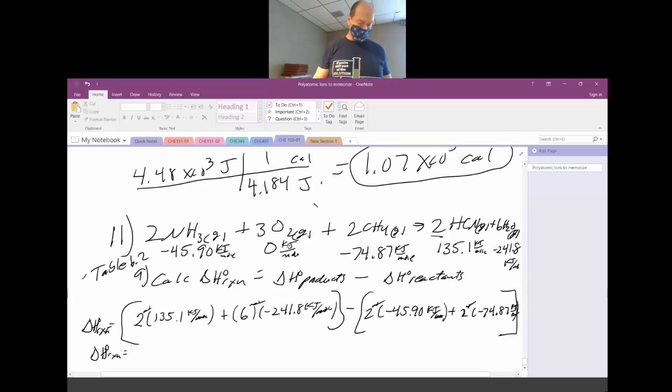And then I'm going to push equals, and it is going to give me that the products is negative 1,180.6 kilojoules. All right, so that is my number for my products. Then I'm going to do my reactants.